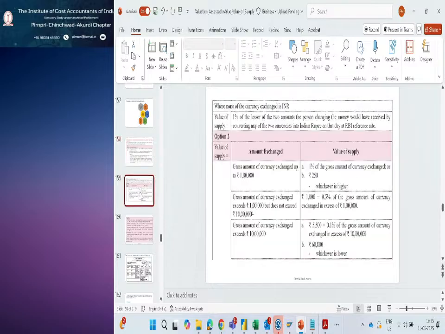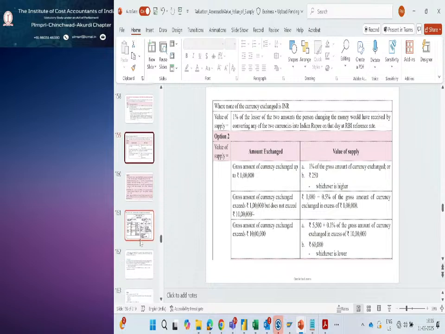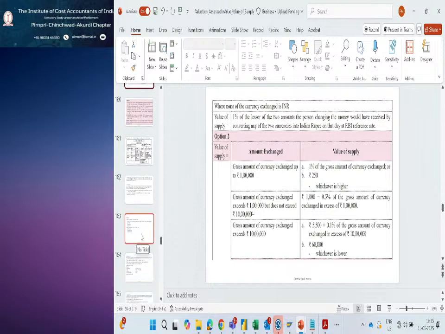For case 3, any example? No, actually here in our material there is no example. If you want to understand when none of the currency exchanged is INR, please listen to this one, because there is no example in Inter for the third scenario.